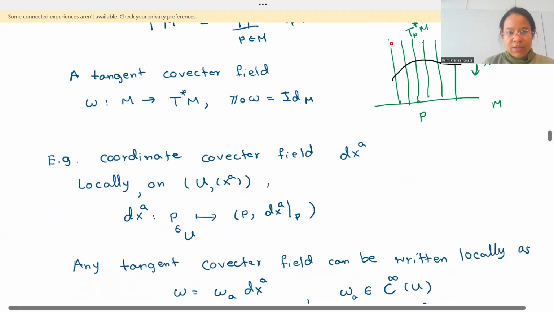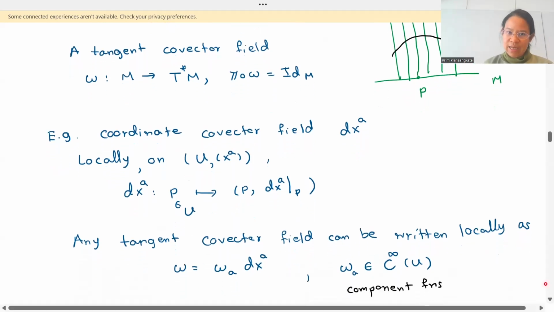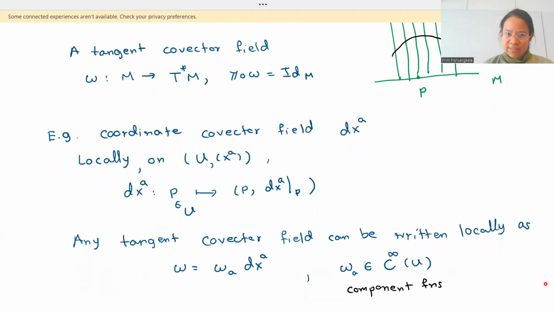An example of a covector field is a coordinate covector field, the one that assigns to each P a coordinate covector at the point. Since the coordinate covectors form a basis for the cotangent space, you can show that any covector field can be written locally in a coordinate neighborhood in this form, where these are smooth functions called component functions.